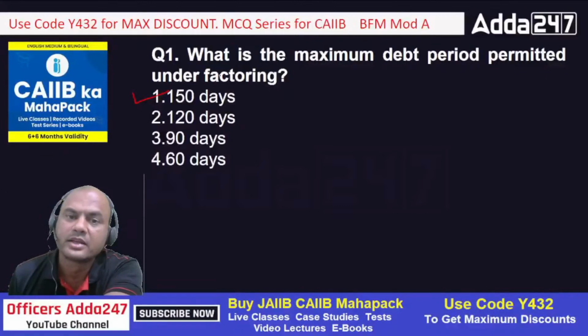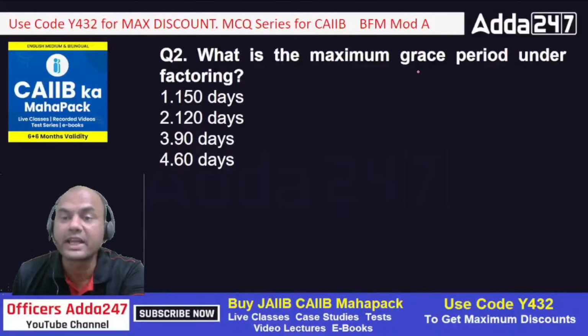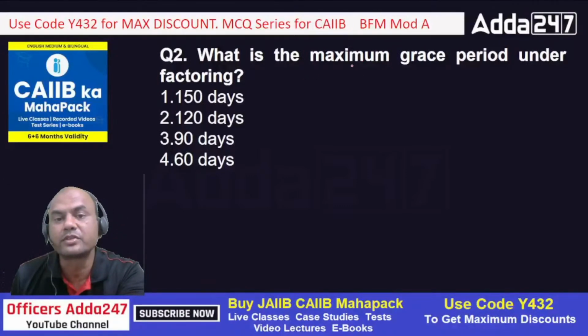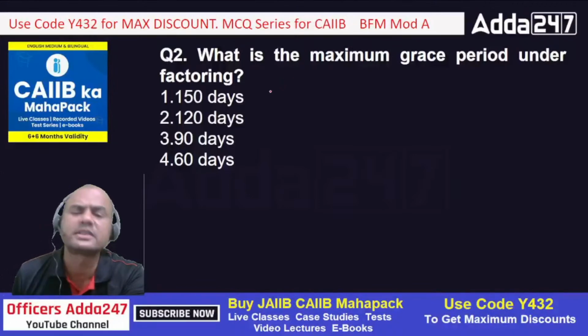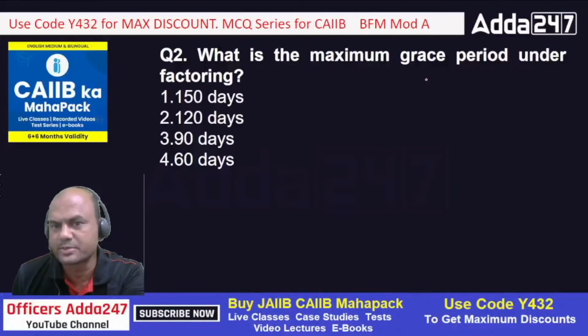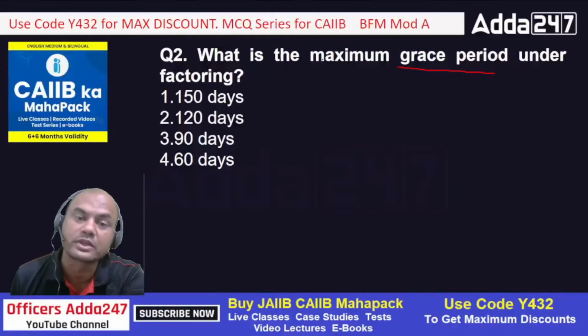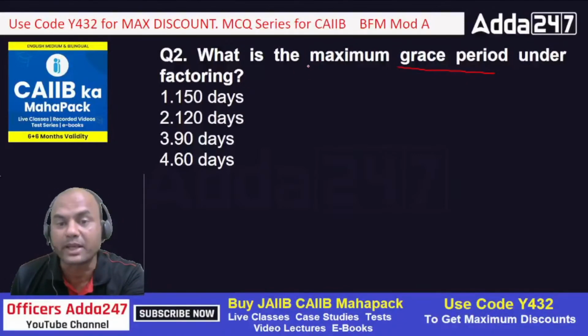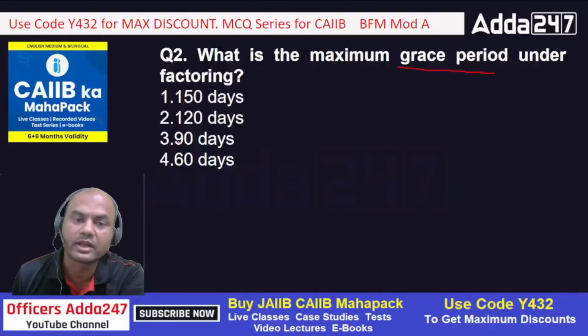Very good. Second, what is the maximum grace period under factoring? Grace period means other than 150 days, what extra can I give if there is some serious issue? See here, grace period is not given to each and every client. It is given on a specific case to case basis. But what is that maximum? 150, 120, 90 and 60.